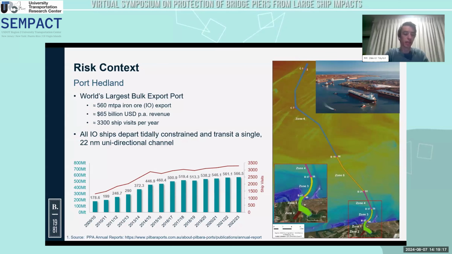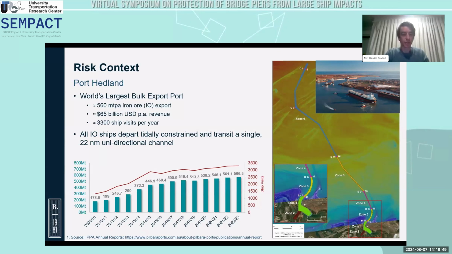So generally 175,000 deadweight tonne up to 275,000 deadweight tonne. Now, when ships visit Port Hedland, it's quite a unique environment. It's a 7.5 metre tide range, and the port operates using that tide assistance. So vessels come into the port in the low tide situation when they're ballasted.